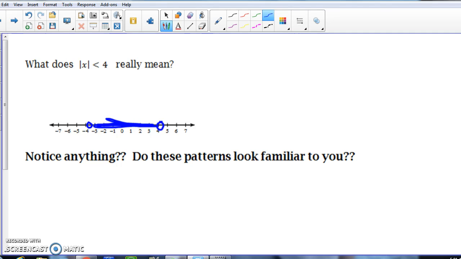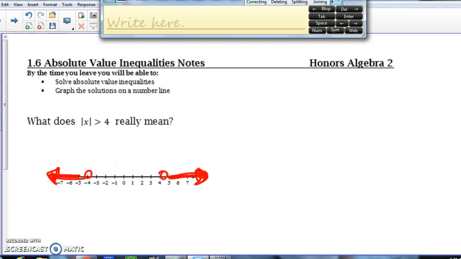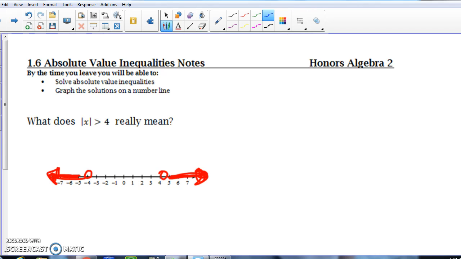So here's my question. Do you notice anything? Do these patterns look familiar to you? They should. If you look back at the first one we just looked at, what does this look like to you? This looks like our typical OR graph from compound inequalities.